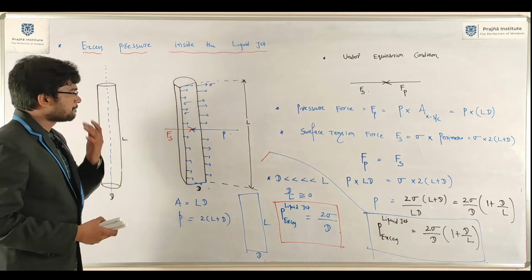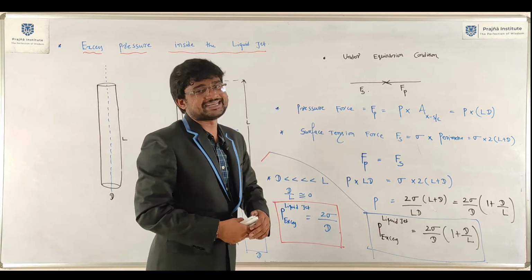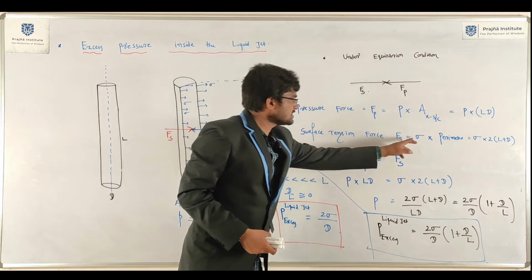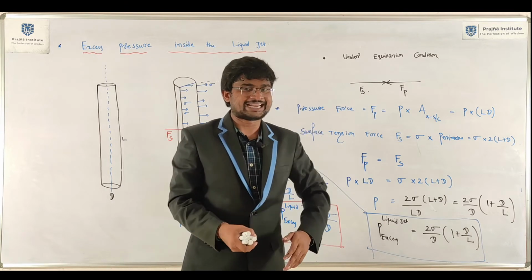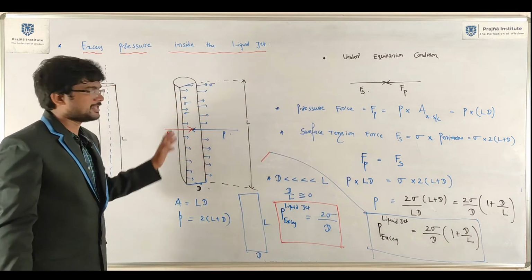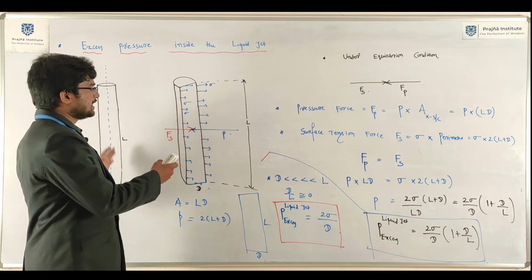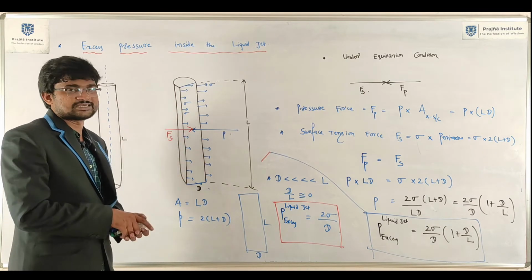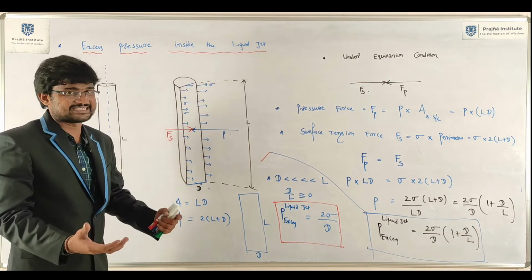Basic definitions: pressure in the sense external force per unit area of cross section. Surface tension means tensile force acting per unit length. Length means here it is perimeter. What is the area of cross section of the liquid jet? Rectangular cross section. Once you cut the liquid jet, you can see a rectangular cross section.